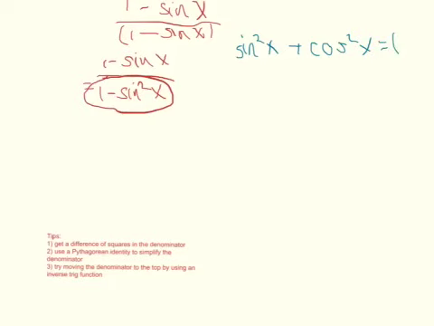And now I can see that I can get this into a form that looks very similar to this by subtracting sine squared x from both sides. So if I do that, I get cosine squared x equals 1 subtract sine squared x.